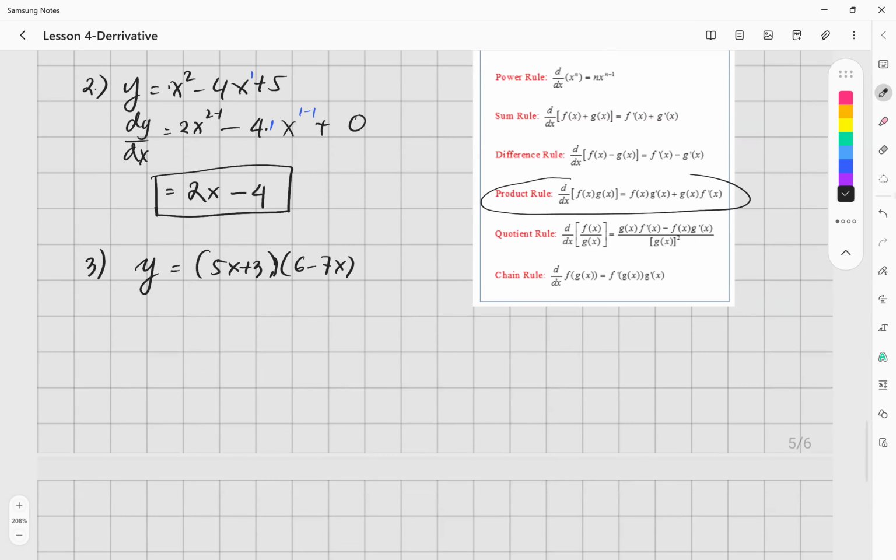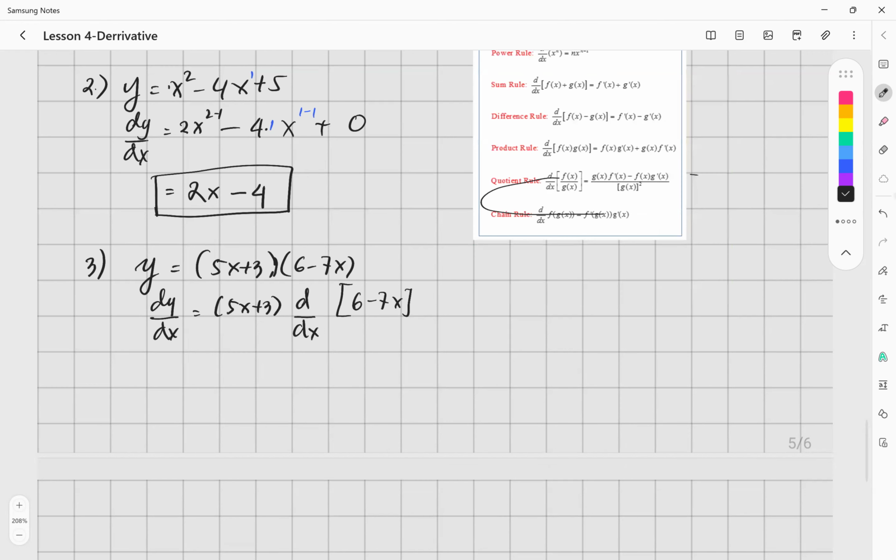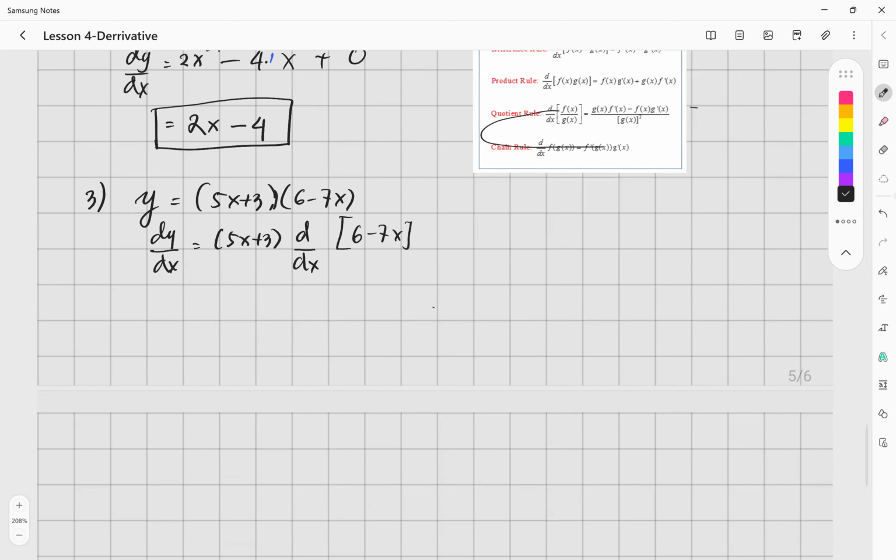The derivative of y with respect to x: first we write f of x, 5x plus 3, and then we take the derivative with respect to x of the second function, 6 minus 7x. And then the next is plus.